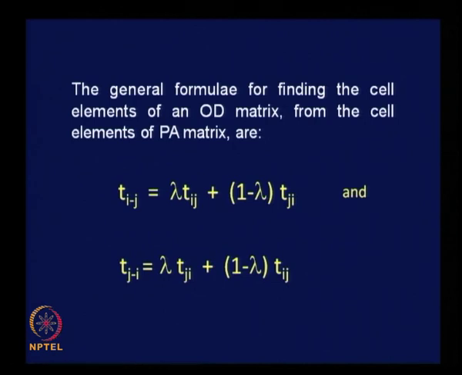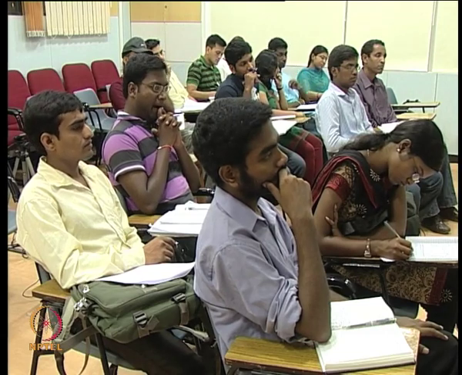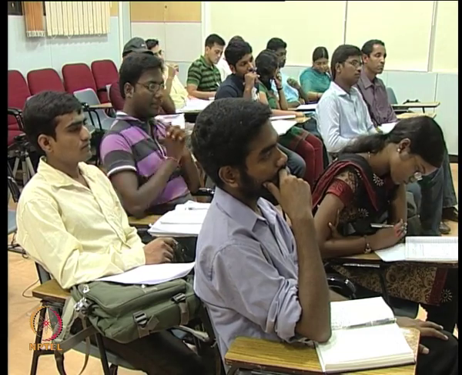So, using these two equations you should be able to convert any cell value of a PA matrix into an equivalent cell value of OD matrix. So, given a matrix we should be able to apply this formula and convert the cell values, that is what we want, conversion of PA matrix into OD matrix. Is that clear? Let us take a very small numerical example to understand these two equations much better.